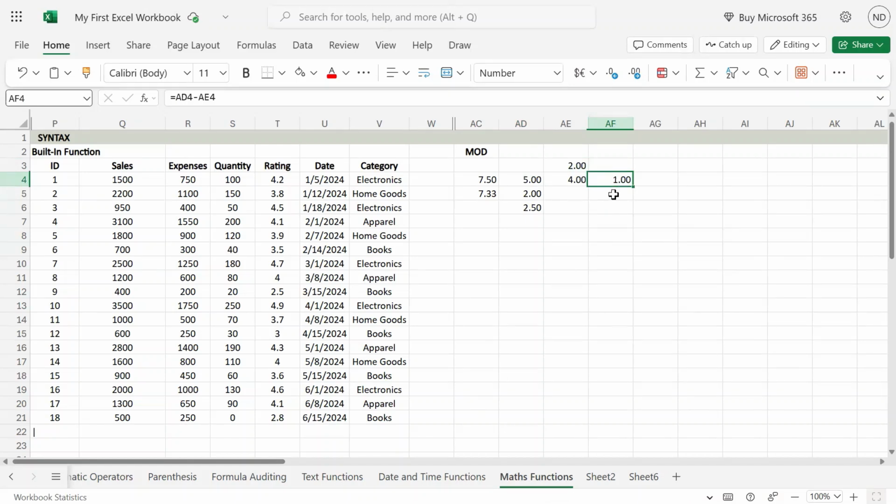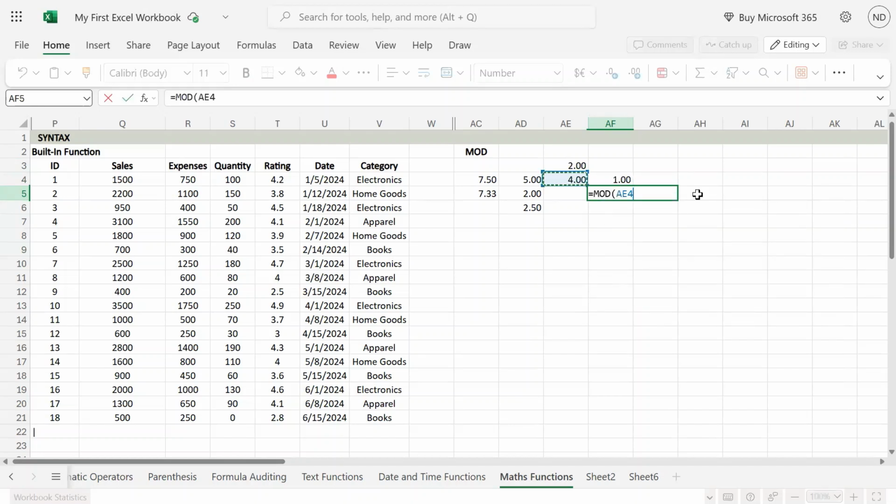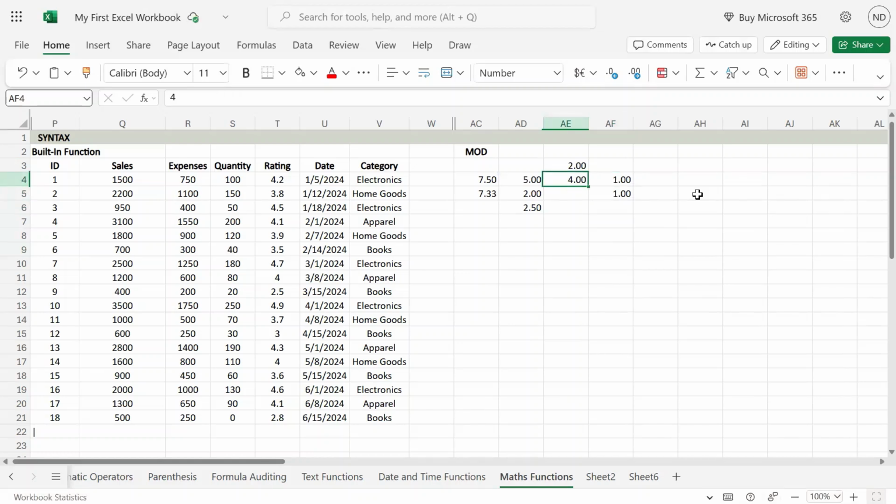Now to get this remainder, you have the mod operator. In mod, you have to give the numerator, which is the number, and the divisor, which is 2, separated by a comma. It will give me the same answer, which is the remainder. This is the point that I wanted to convey.